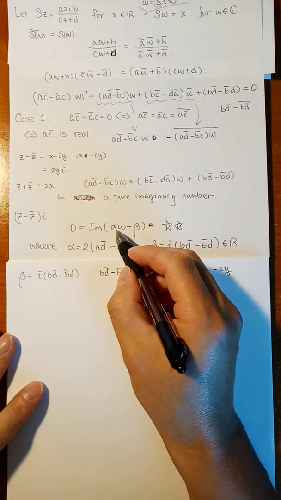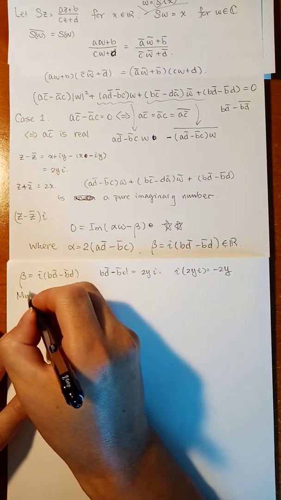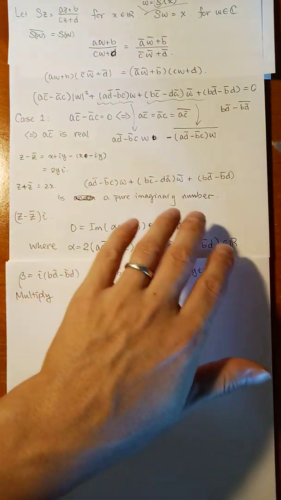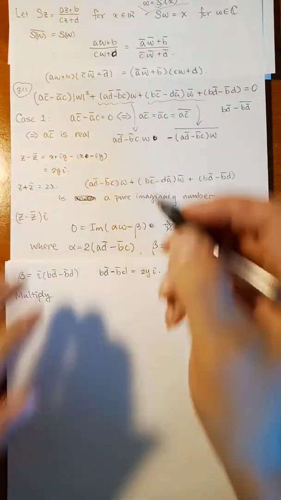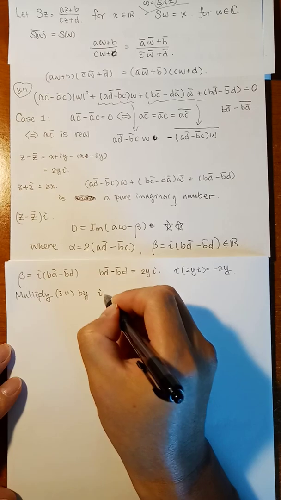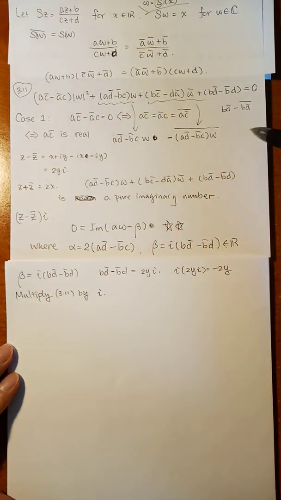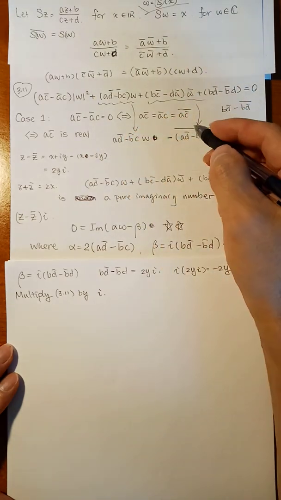In the textbook, they say to multiply this equation, called 3.11, by I. If you multiply it by I, this difference we mentioned is already a pure imaginary number.